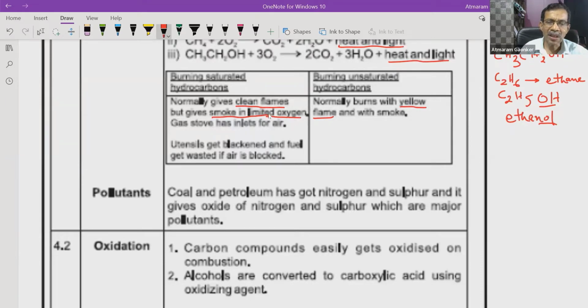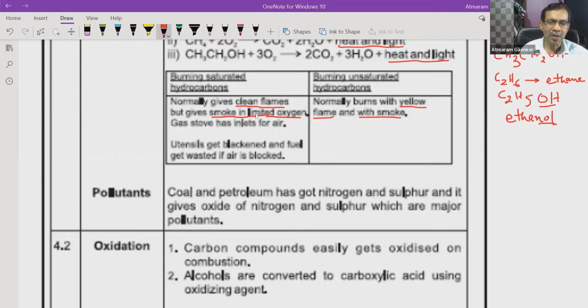If the oxygen is less, then it gives smoke. Otherwise, it doesn't give us smoke. Methane gas, which we burn at home, does not give any smoke. But if you burn it in limited air, limited oxygen, you will get a little smoke. Whereas if you burn unsaturated hydrocarbons, you will get a lot of smoke.